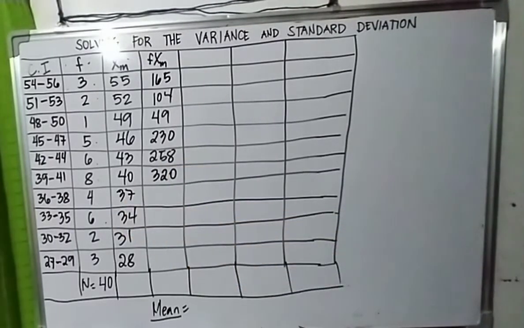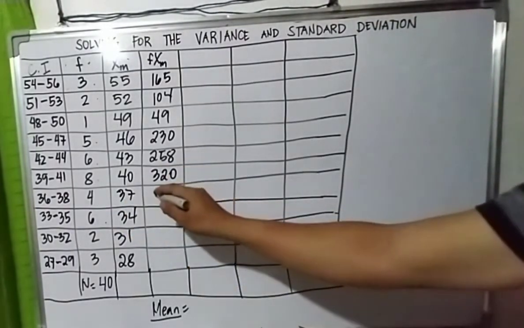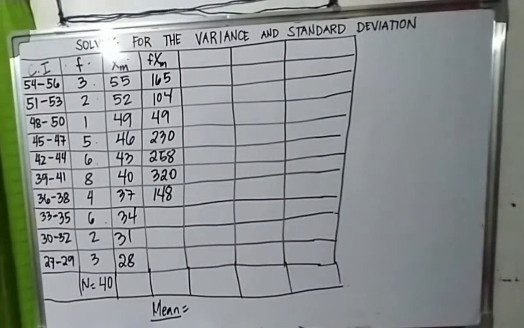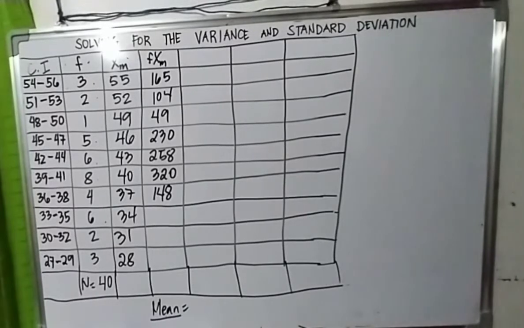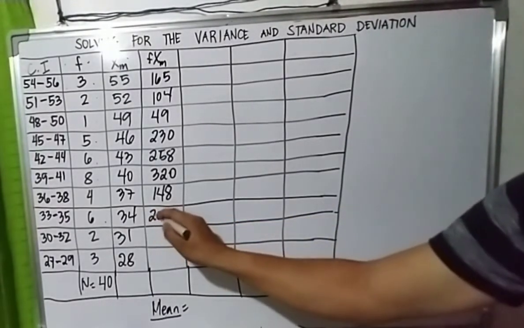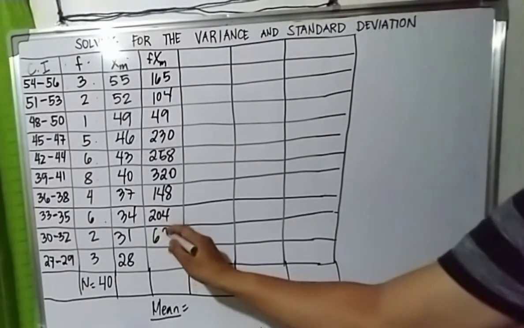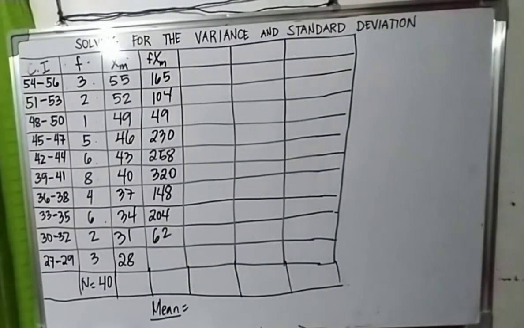And 4 times 37, that is 148. Okay, next 6 times 34, that is 204. Then 31 times 2, that is 62. And last 3 times 28, that is 84.